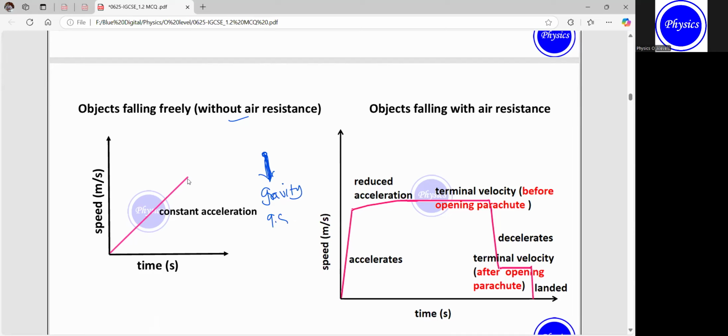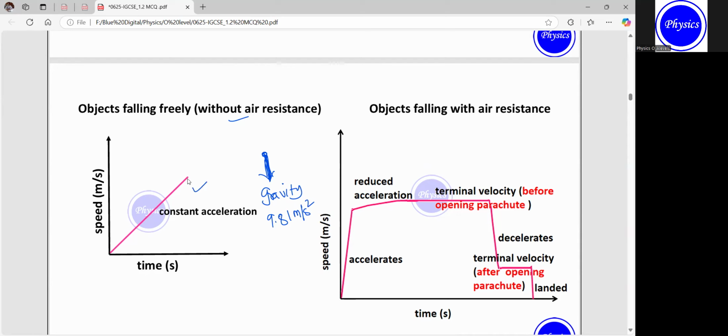We know the acceleration due to gravity is 9.8 meter per second square. So the object has a constant acceleration because it is falling only due to gravity. No other external forces are acting. So in that case, you will get a straight line passing through the origin.